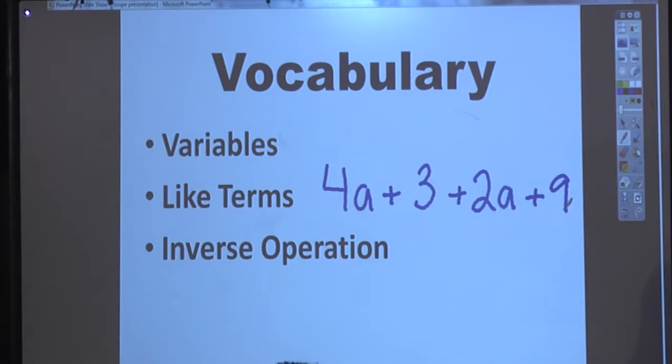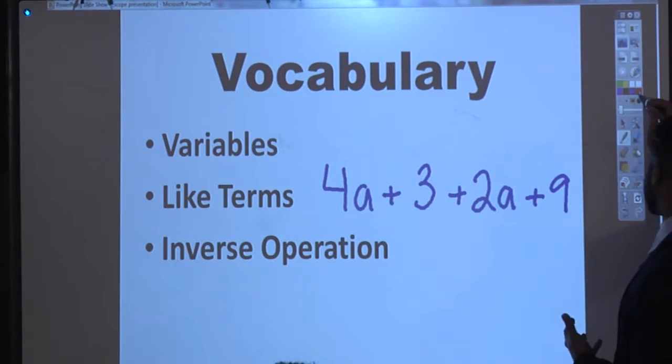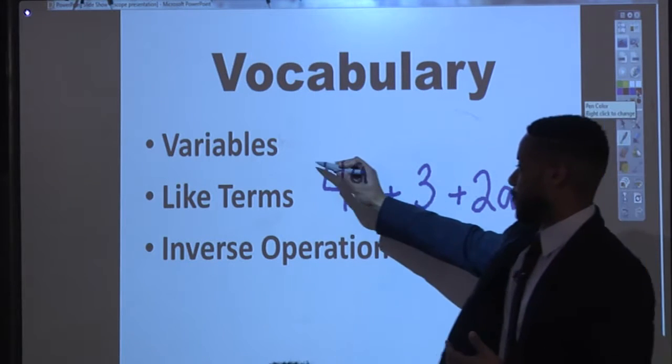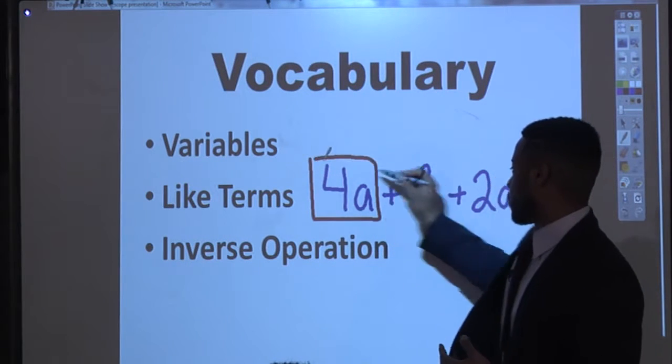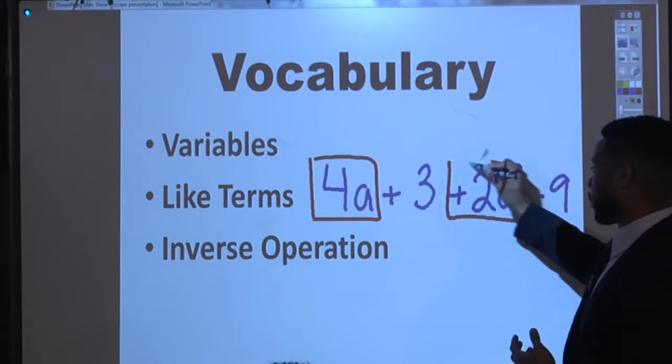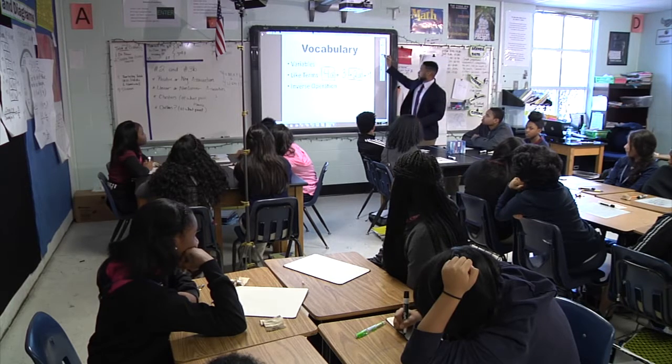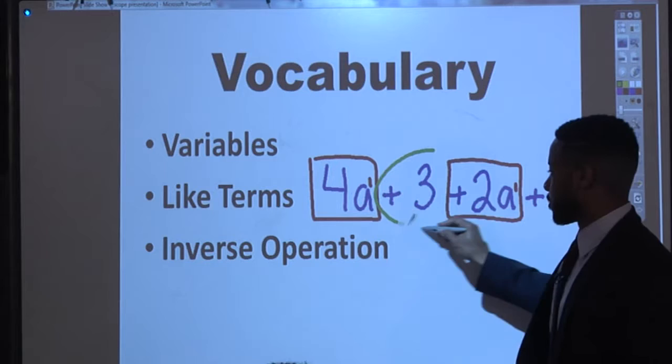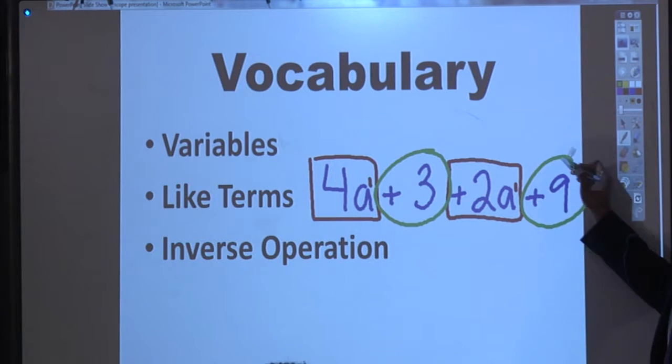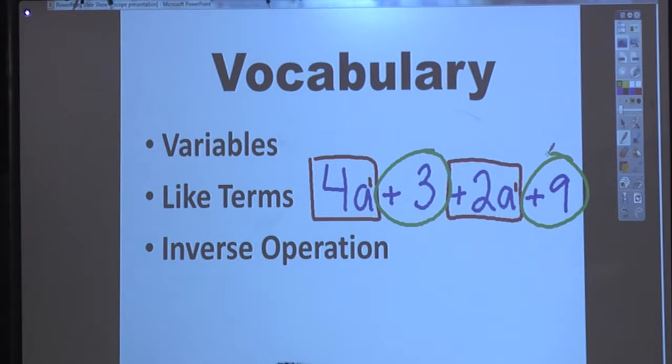Like terms have the same variable again and the same power. So look at my like terms here. I have 4a and 2a. So our other like terms are positive 3 and positive 9. Okay, these are what we call constants. They don't have a variable.